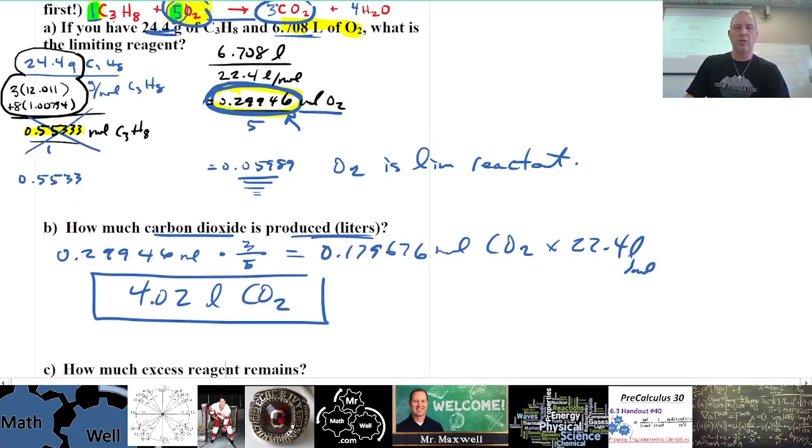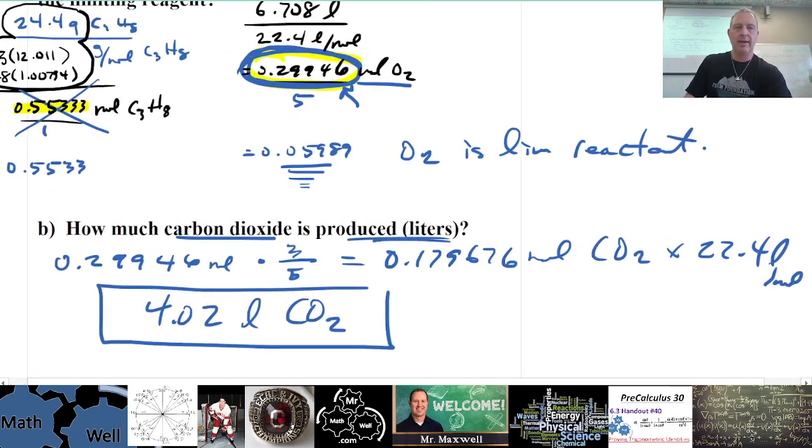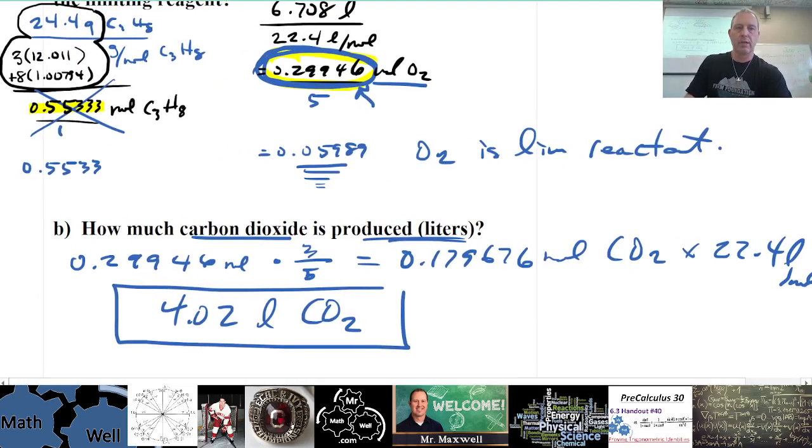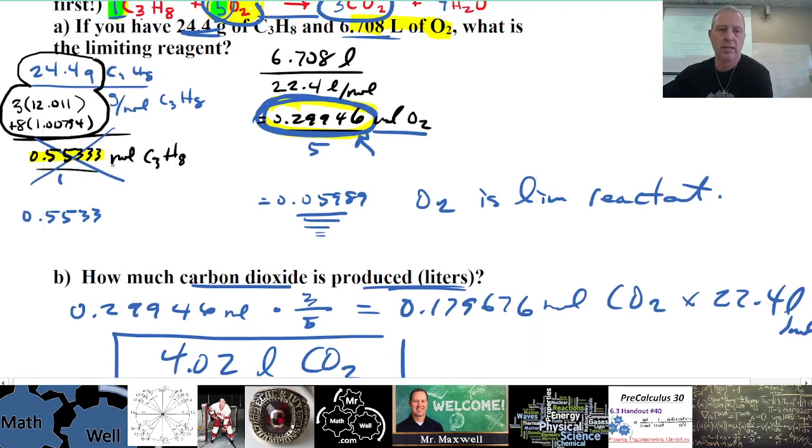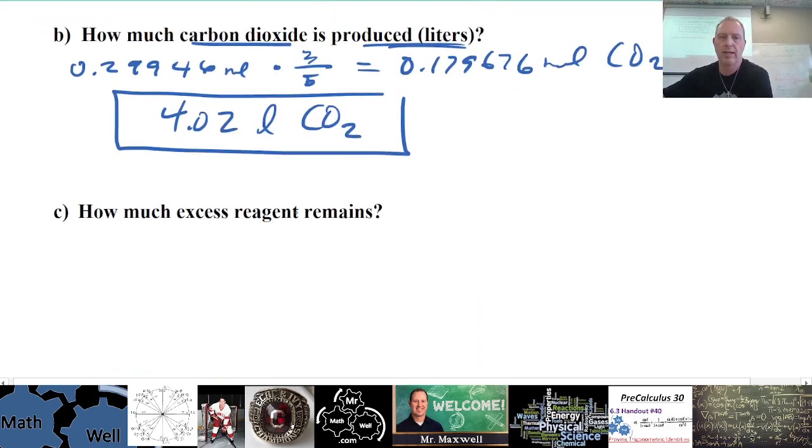Okay, so here's where we go back to A, and we say, this is how many moles of C3H8 I actually have present in the question, correct? This is how many moles of O2 I have present in the question. I realize that O2 is my limiting reactant, so I'm only going to use 0.29946 of these moles of O2, right?